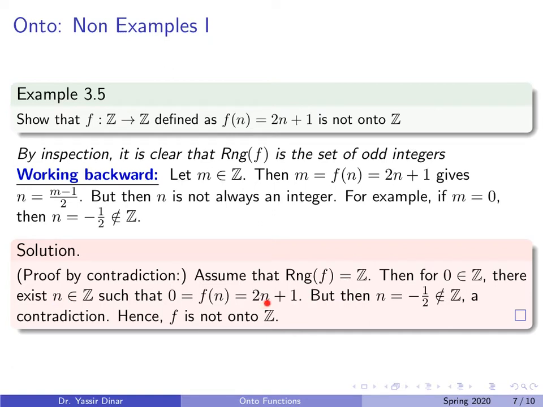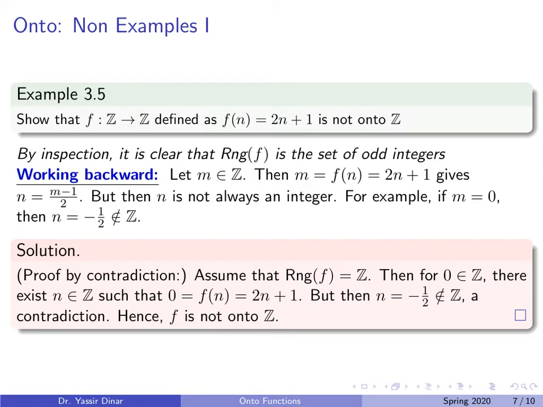But then the solution of this equation for n gives n is equal to minus half, and minus half is not an integer. So n is an integer, but at the same time n is not an integer. That gives me a contradiction, and that means my assumption is wrong, and so f is not onto the set of integers.